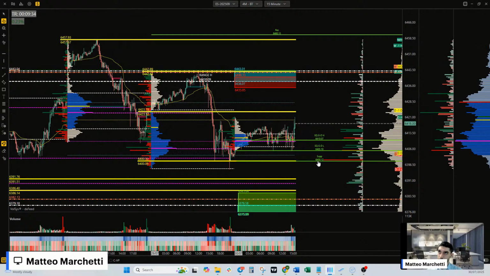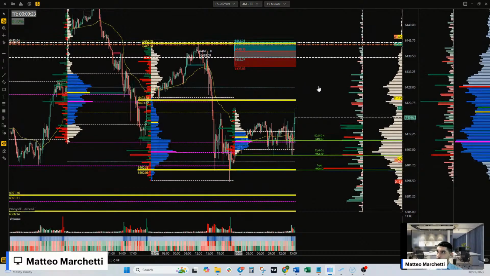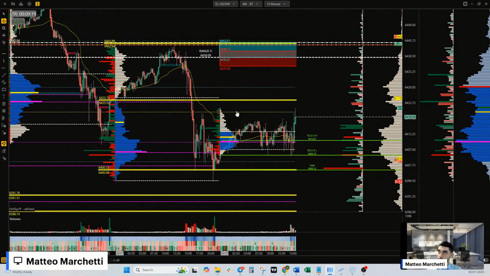This level, 6,400, is very important, especially because we have a huge negative delta here. You see the huge red bar, and well, nothing. The market is completely sideways.